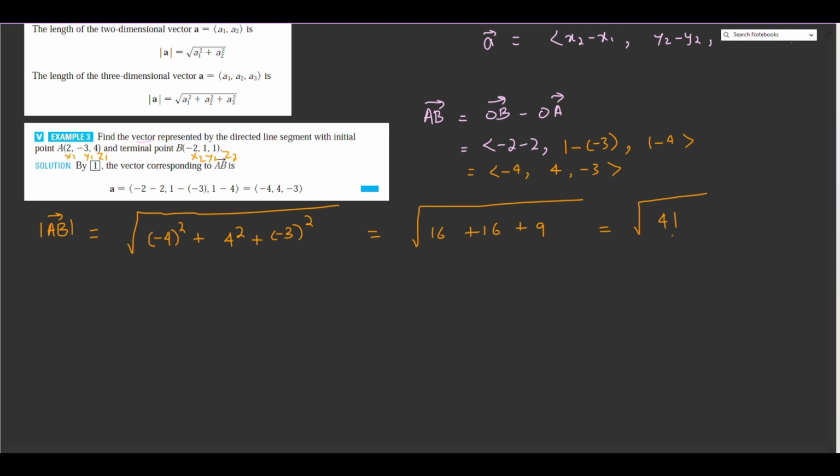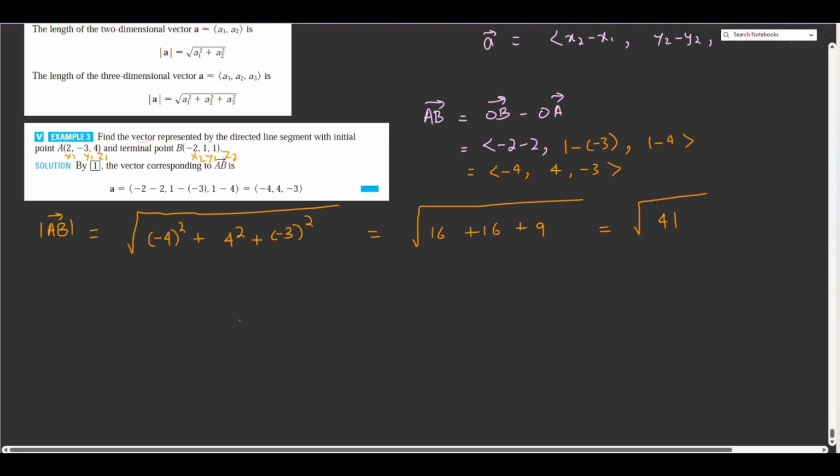So 41 is the magnitude of this vector AB. By this formula you can easily find the magnitude of a vector.